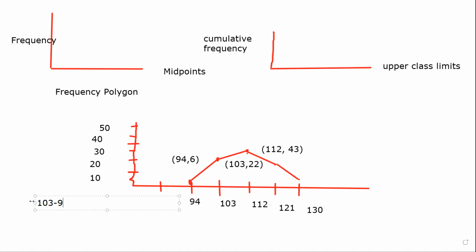That means all of these midpoints are 9 units apart from each other. So this midpoint before 94, we don't know what it is. But we do know that it's 9 units before 94.